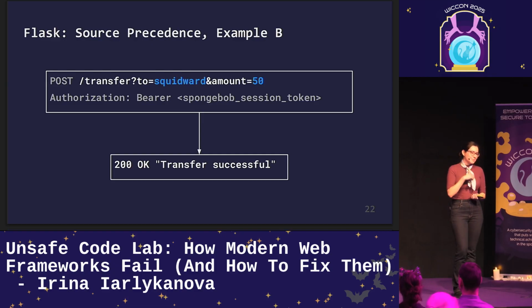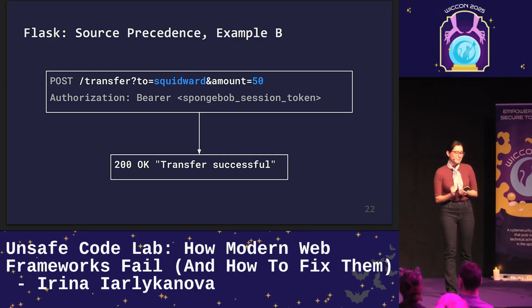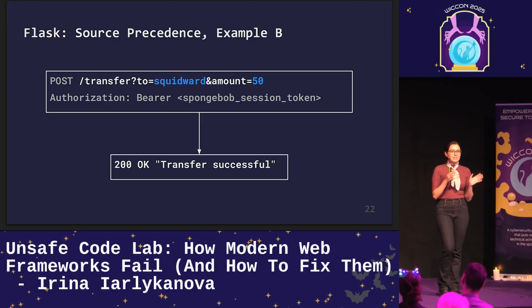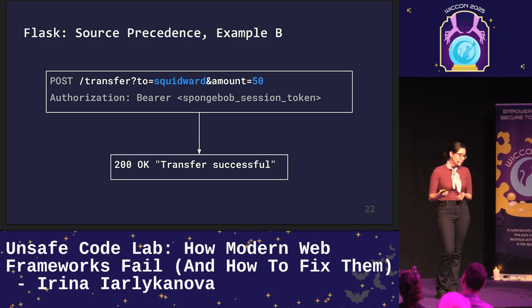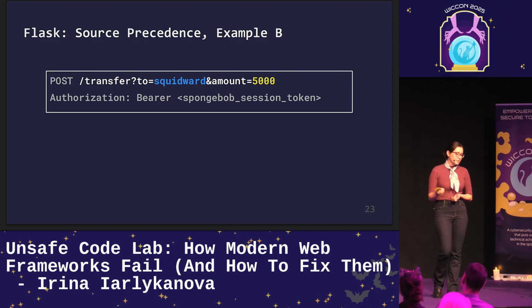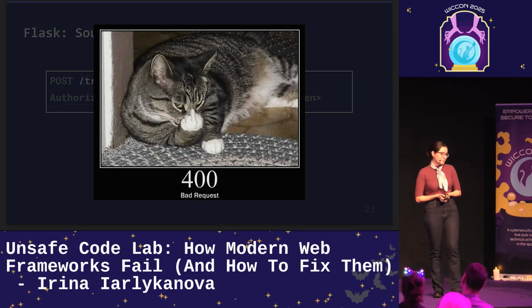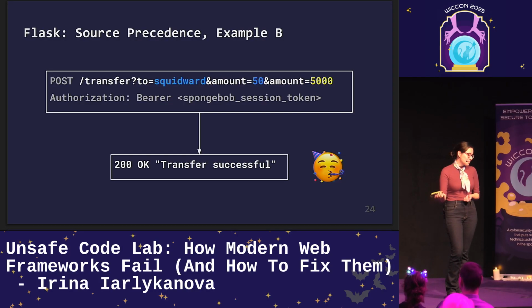Okay, imagine we want to bribe Squidward and want to steal the Krusty Krab's formula, and Squidward wants a lot of money, and he wants it now, but we have a lame bank, and it allows us only to send money in very little amount. For example, we can send $50, but if we try to send $5,000, yeah, poor soul, you cannot do that.